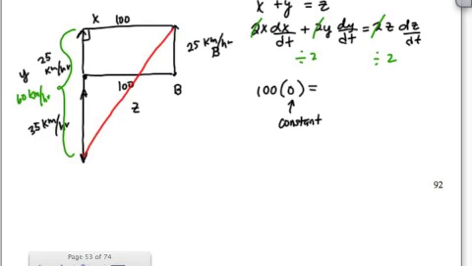Plus y. So what's y at 4 p.m.? 60. That's up for each hour. So what happened in 4 hours?